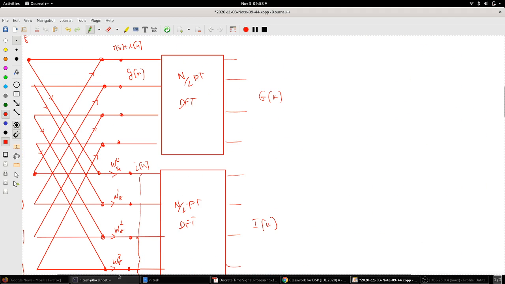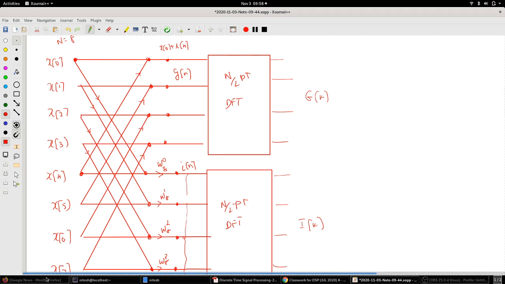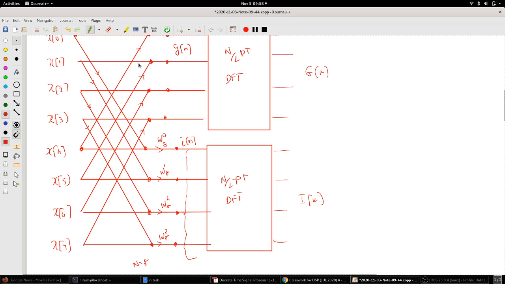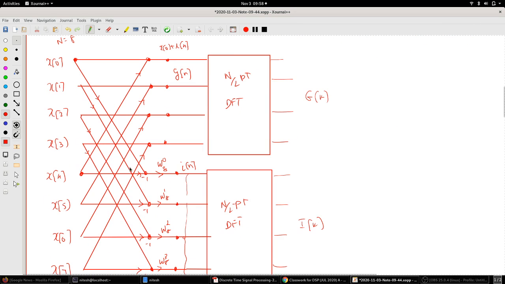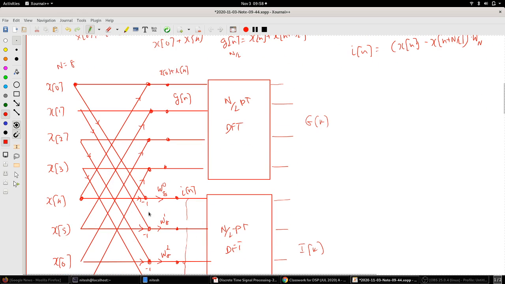So if you see this 8-point structure, there is a minus 1 here. So this is a minus 1, this is a minus 1, this is a minus 1, and this is a minus 1. So this minus 1 is because of x of 0 minus x of 4 into W0 of 8. That's why it is, okay.